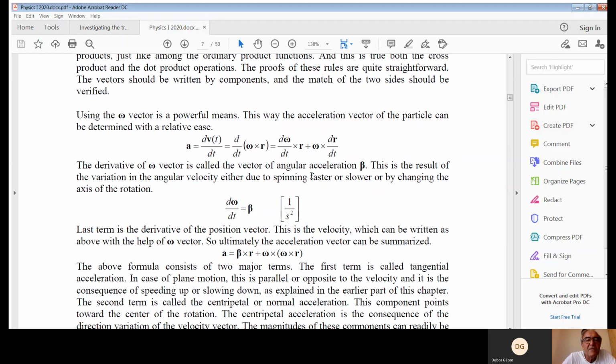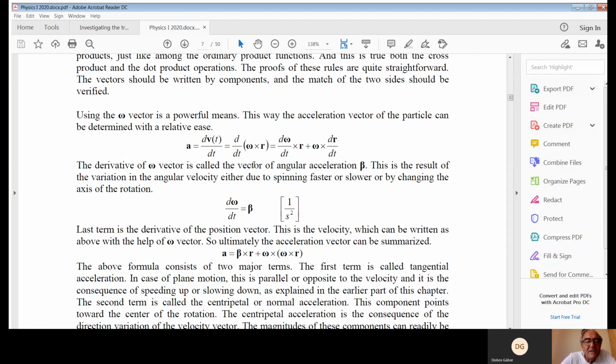Now, the omega vector is a powerful means. Let's check this out. This way, the acceleration vector of a particle can be determined with relative ease. So easily, not so many words and drawings and stuff. It is a very, very useful, strong means, by taking the omega cross r as the velocity and taking the derivative. And this is a cross product, and according to the rules above, we have to differentiate this one and differentiate this one.